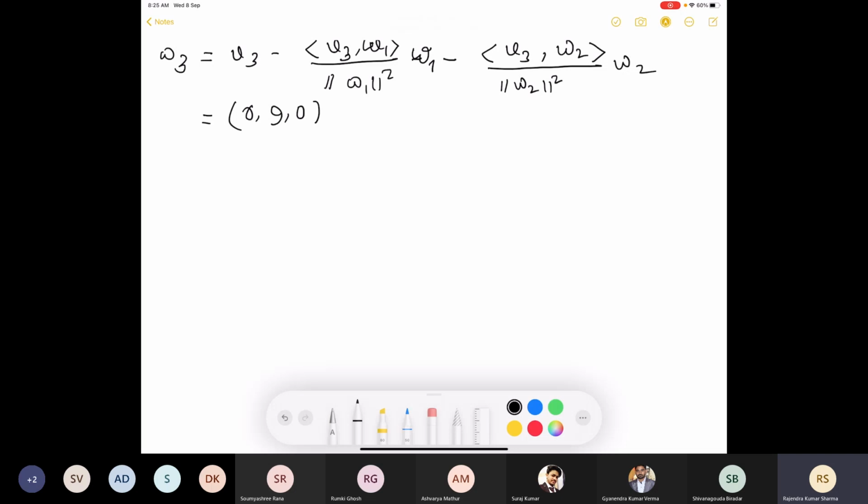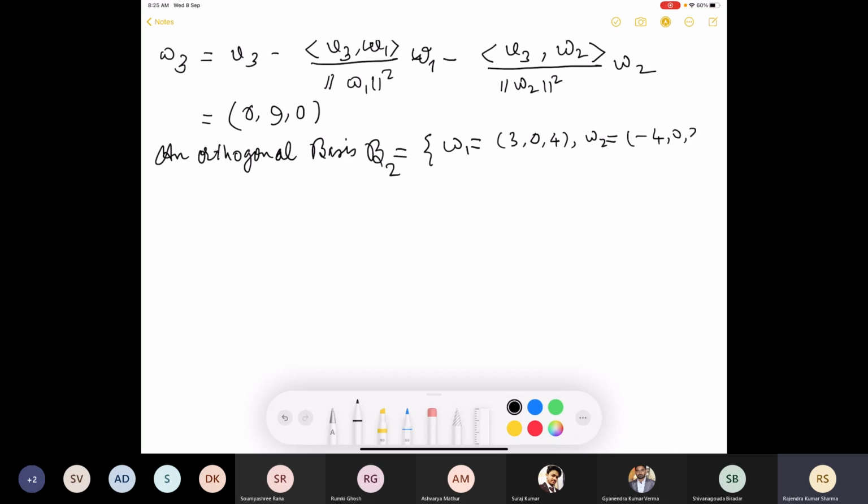So the orthogonal basis, let us say B2, that we have got is W1, W2 and W3. W1 is (3, 0, 4), W2 is (-4, 0, 3), and W3 is (0, 9, 0).